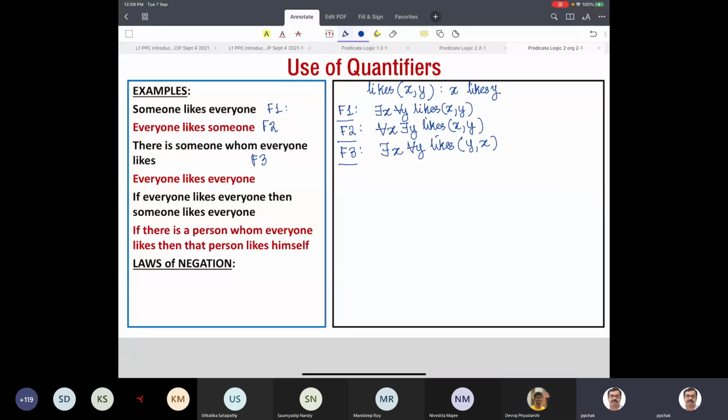Digvijay Nath Tiwari? Hello, sir, am I audible? Yes. Tell me, is F3 right or wrong? Sir, I'm not able to see the screen.